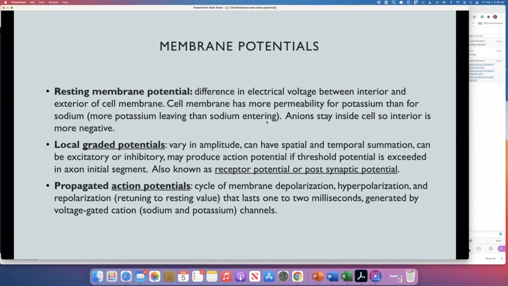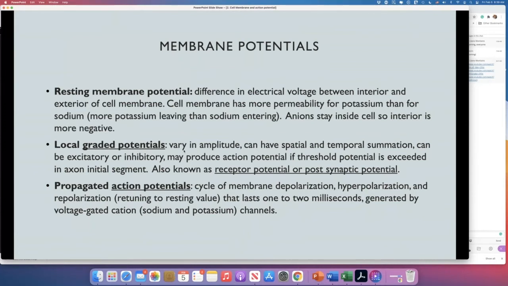And then we have the graded potentials or local graded potentials, also known as receptor potentials. The one that occurs in the dendrites, remember, can be excitatory or inhibitory. This is a potential, and it's important to understand and have very clear the differences between these local graded potentials and the propagated action potentials.